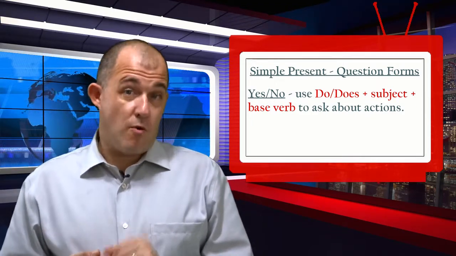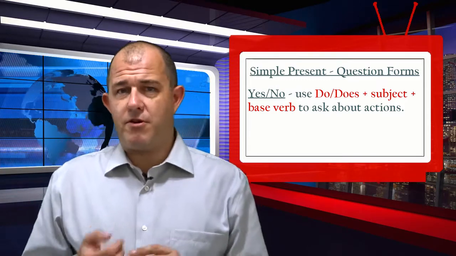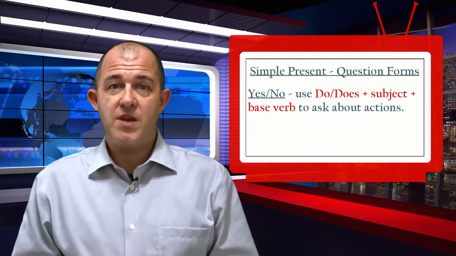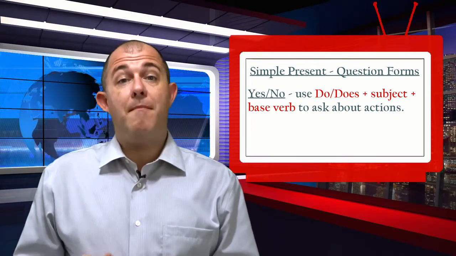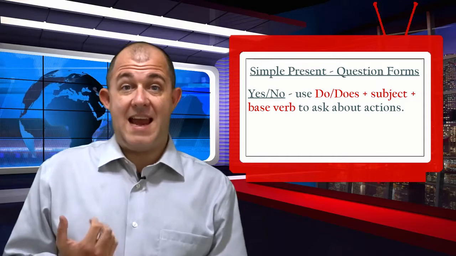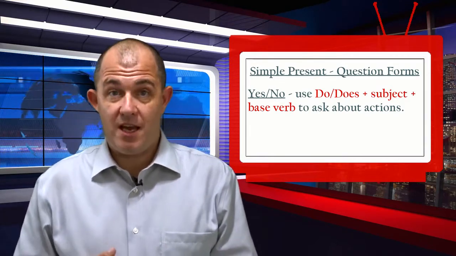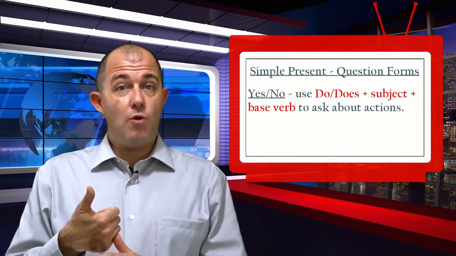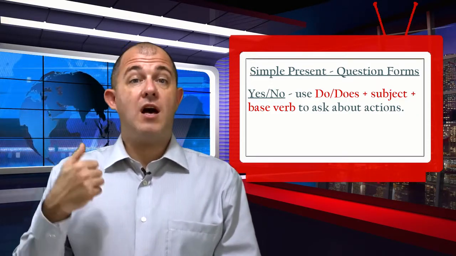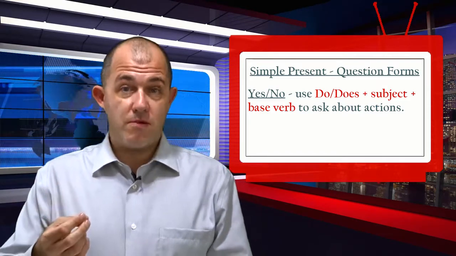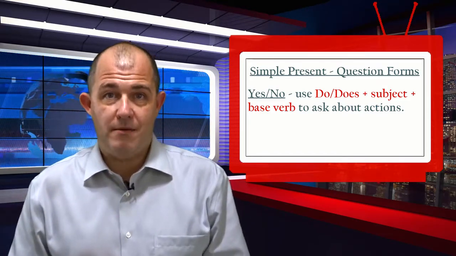For a yes/no question in simple present, there are two ways we could do it, depending on what we are asking about. If you want to ask someone about their routines and habits, so actions that they do generally, you're going to use do or does plus the subject plus the base verb of whatever action you're talking about.